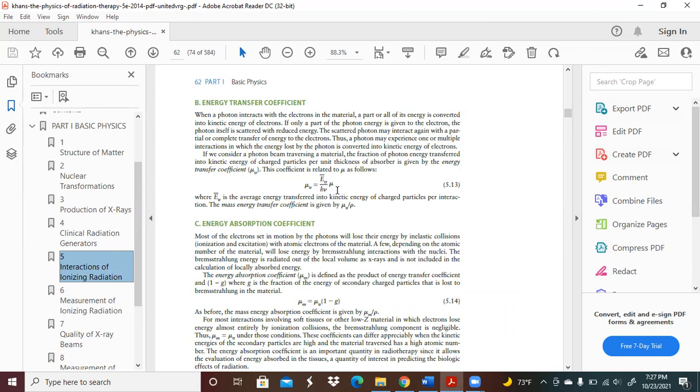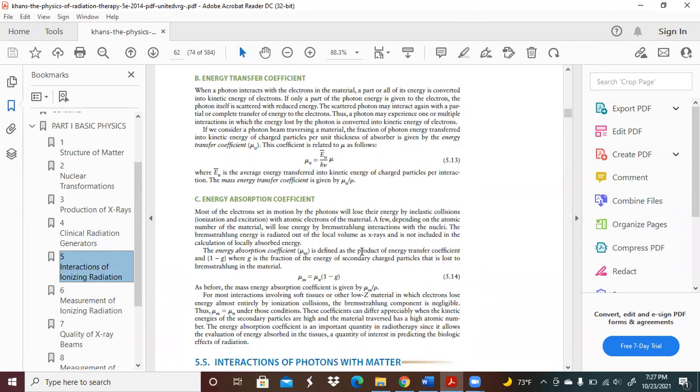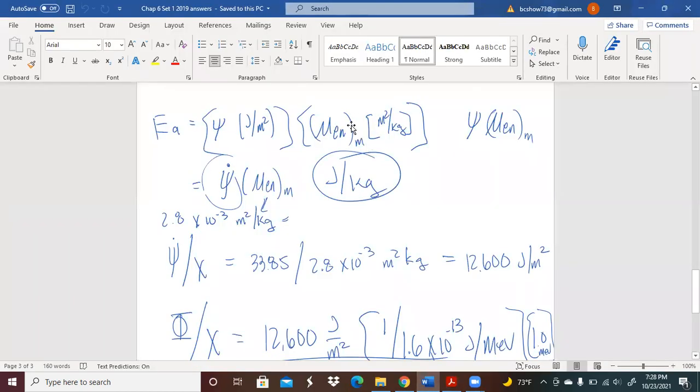It is directly related to the linear attenuation coefficient. And you can take that energy transfer coefficient and figure out how much is absorbed and then how much is lost to bremsstrahlung. G is going to be the fraction of energy of secondary charged particles that's lost to bremsstrahlung. So if you take that out, multiply it by this, you have the energy absorption coefficient. And that's where we're coming from here. Units of this are going to be meters squared divided by kilogram.